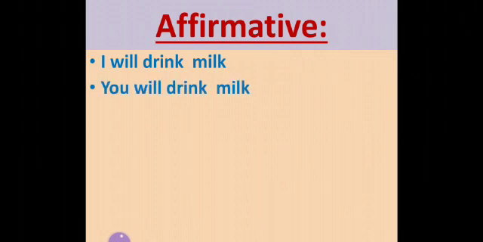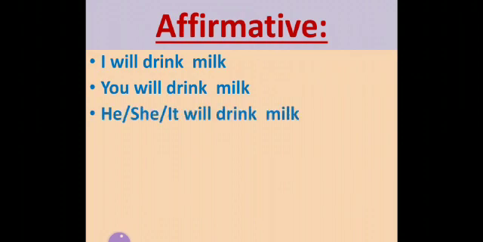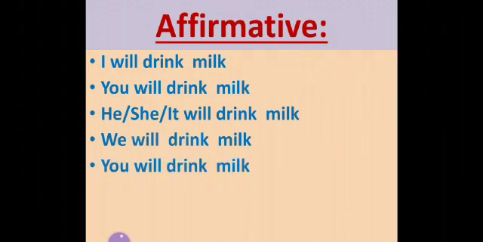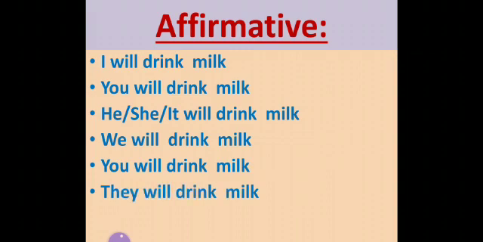The next, you will drink milk. You, subject, will drink, verb 1. Milk, it is the object. He, she, it will drink milk. We will drink milk. You will drink milk. They will drink milk. Okay, good.